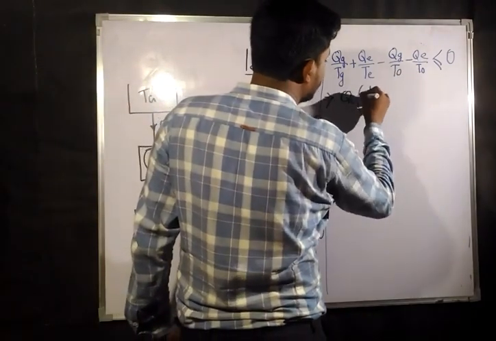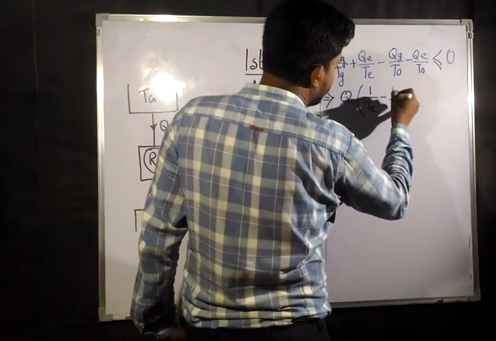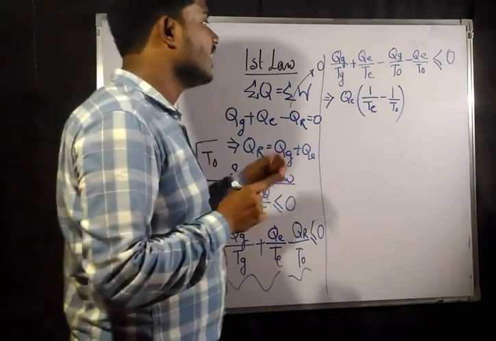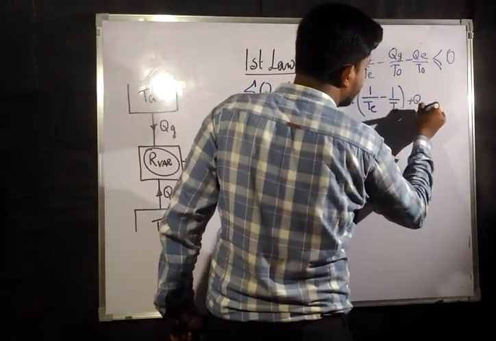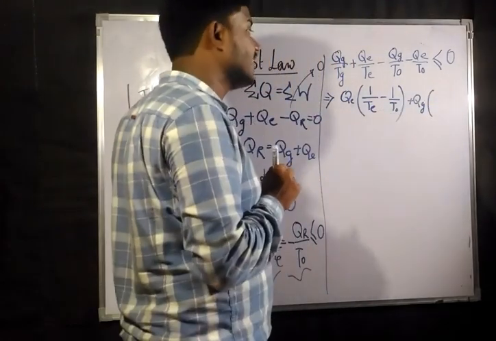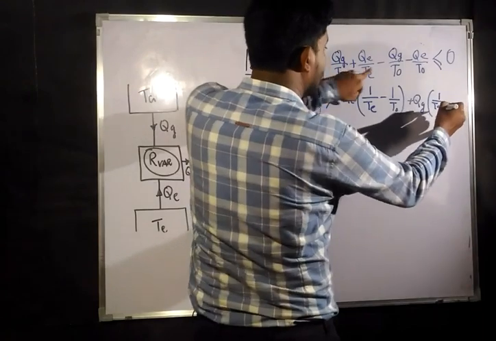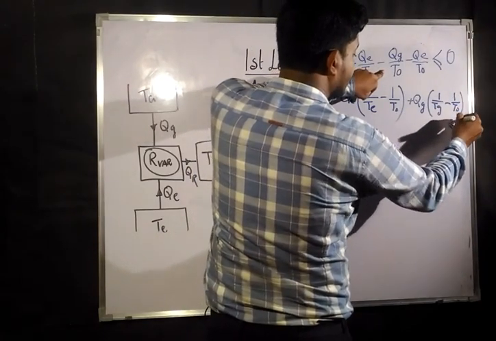It is going to be 1 by Te minus 1 by T naught. And again, now you can take Qg common. What is going to be remaining when you take Qg common? It is going to be 1 by Tg minus 1 by T naught, and that is going to be less than or equal to 0.